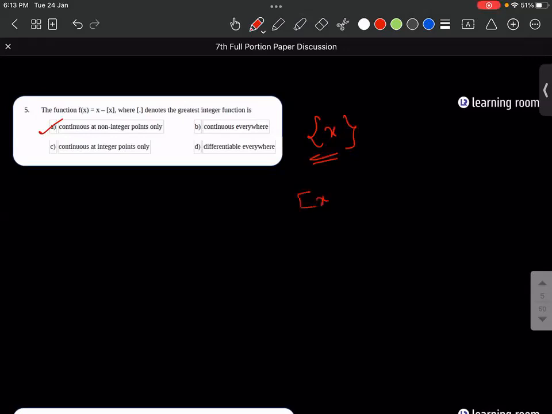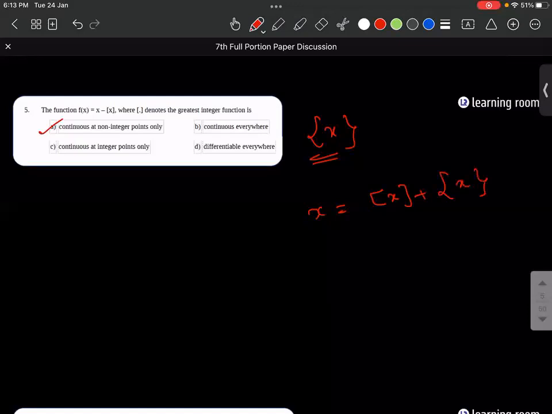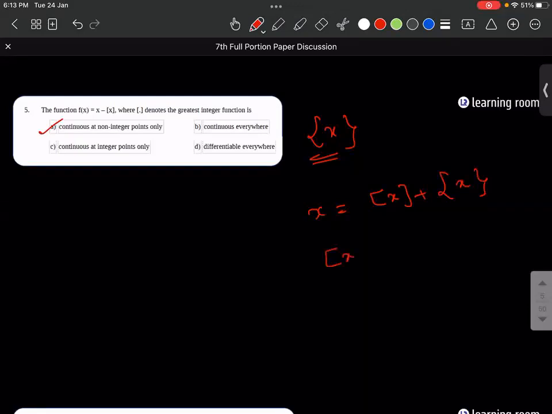See, any number is equal to greatest integer plus fractional part of x. Or greatest integer is x minus fractional part of x. So when you write x minus greatest integer of x, you call it the fractional part of x. They're asking, when will x minus greatest integer of x be continuous?